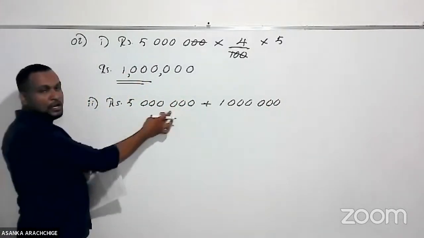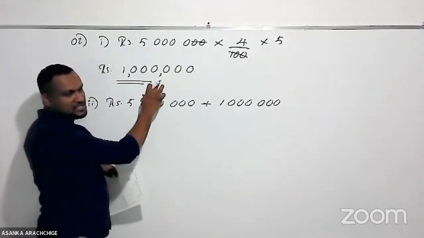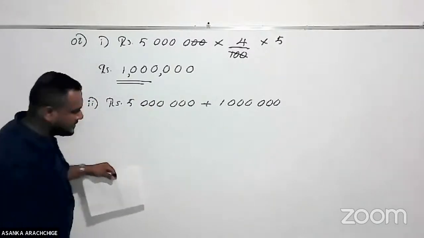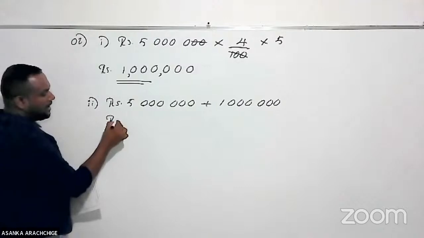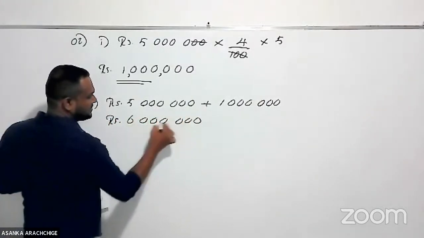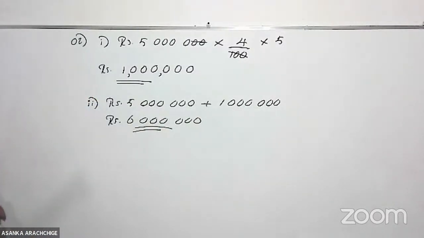In addition to the loan, he has to pay the total interest. Therefore, the amount to be paid is 6 million rupees. Is that clear?